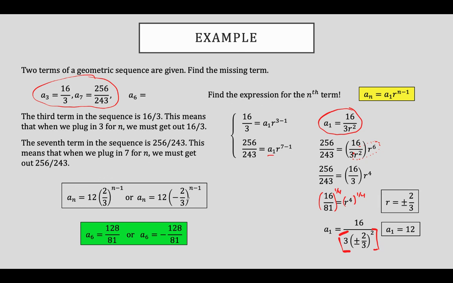With this one, where our common ratio is negative, the terms of the sequence are going to alternate sign. Every even term, and this is an even term, the sixth term, is going to be negative. Every odd term would be positive. And that's why a3 and a7 are both positive. All right, so there you have geometric sequences.